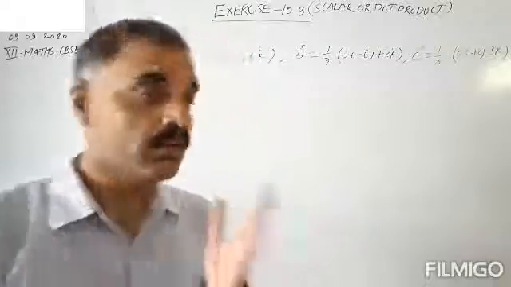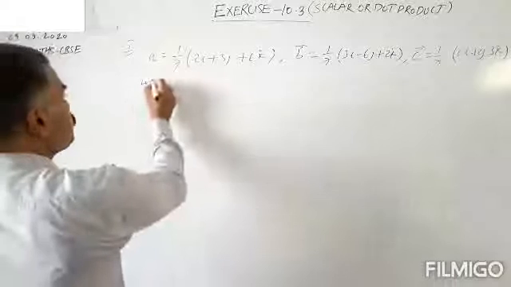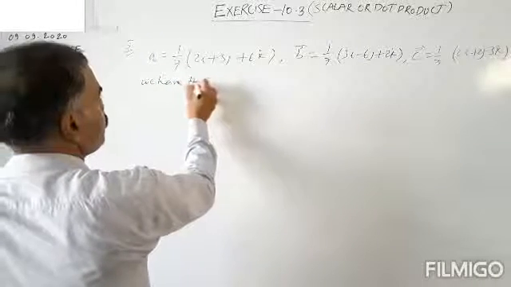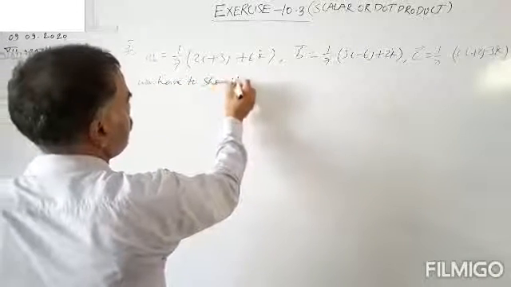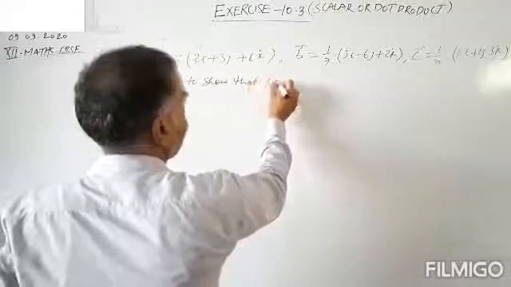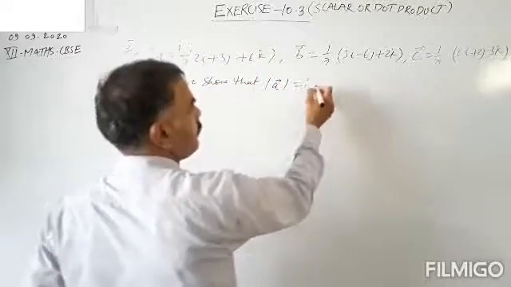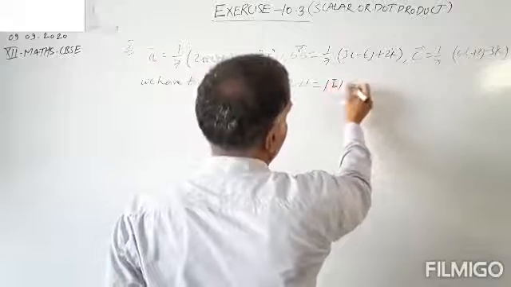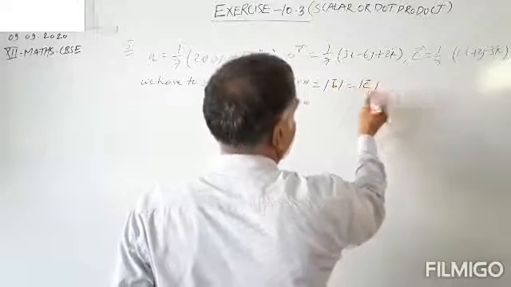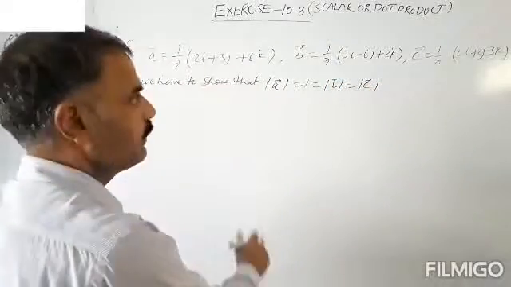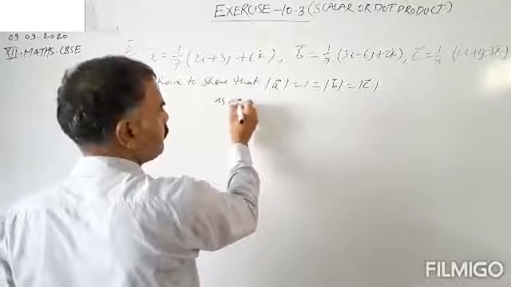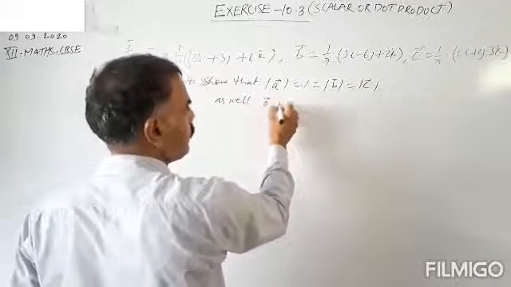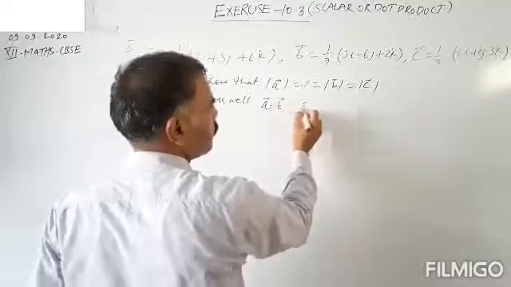So what we have to show? We have to show that magnitude of vector A equals 1, and similarly magnitude of B vector and magnitude of C vector are also equal to 1. We also have to show that A vector dot B vector equals 0.